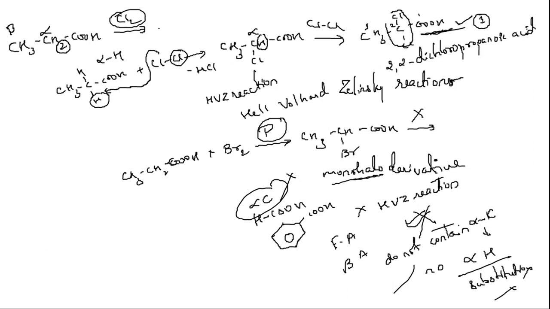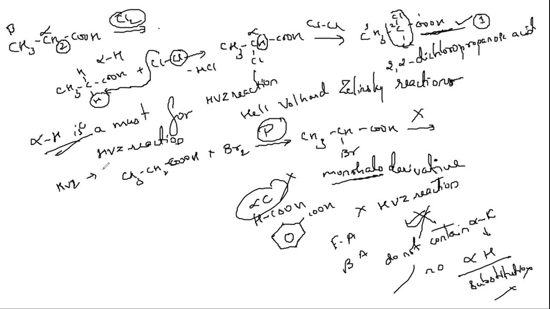So alpha hydrogen is a must for the HVZ reaction. Please make this point very sure. For the HVZ reaction, if you are not using red phosphorus, you will get the completely substituted product.